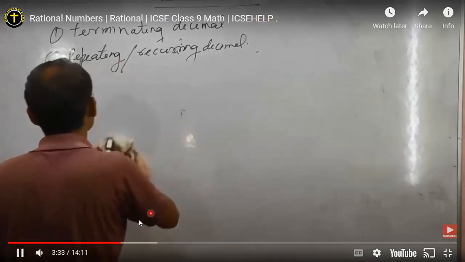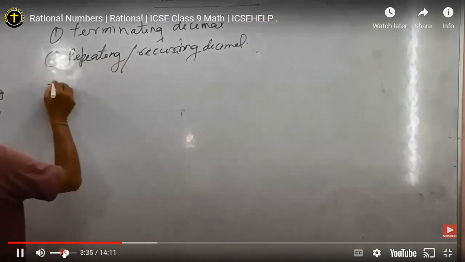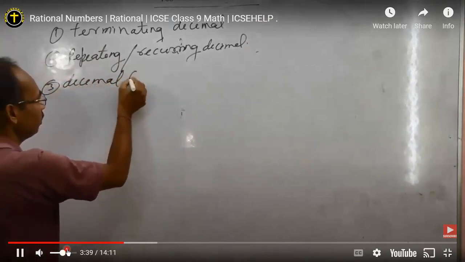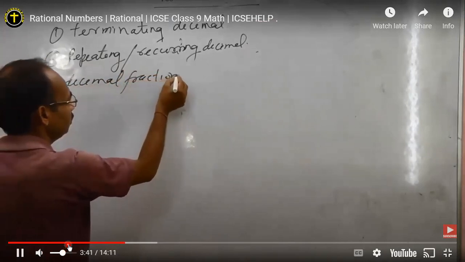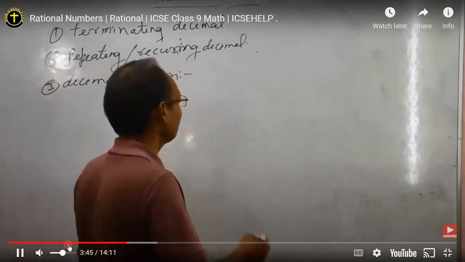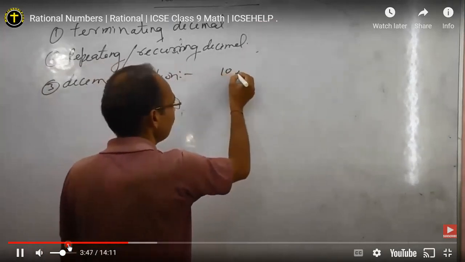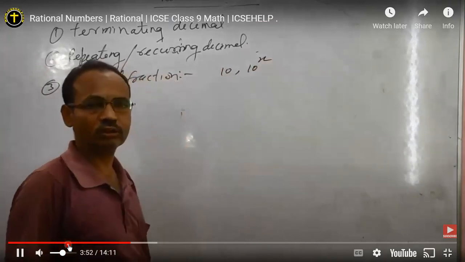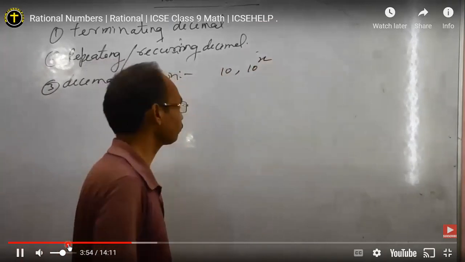A decimal fraction is a fraction in which the denominator is in the form of 10 or 10 to the power x, where x is a natural number.